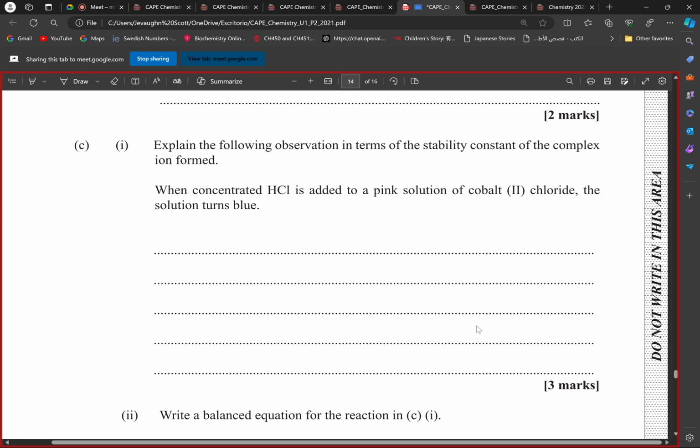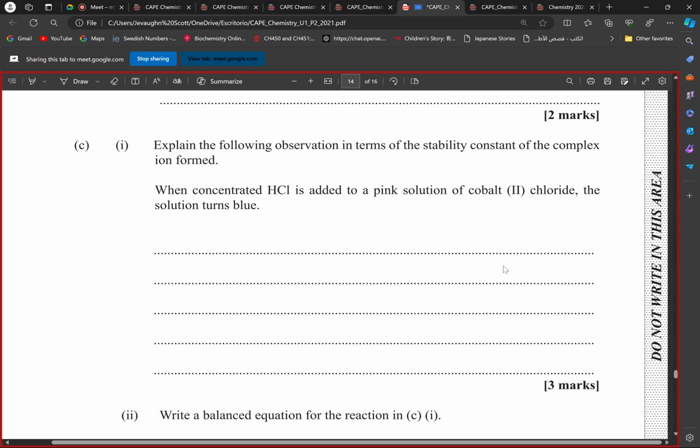Wait, oh, it's cobalt chloride. Well, sir, there will be some repulsion between some ions which will cause something to go on. All right.